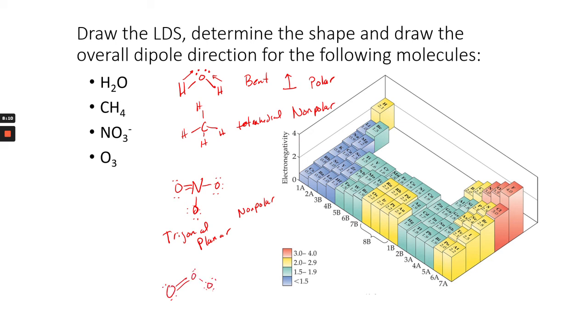But actually, since it is bent, and you have a pair of lone pairs here and you have nothing here, you're not symmetric. So you will actually have a dipole moment, and as it turns out, it'll point away from the lone pairs. So this is polar.